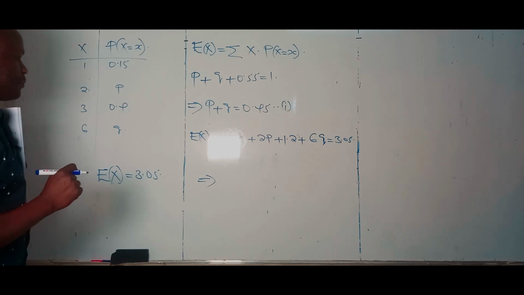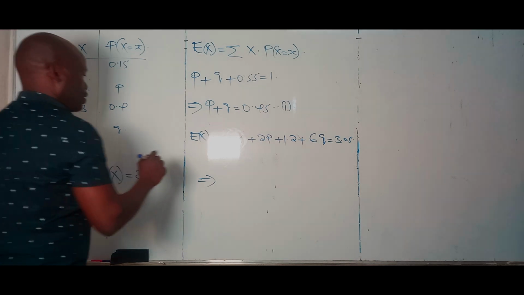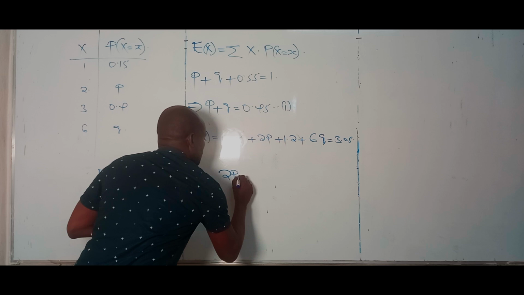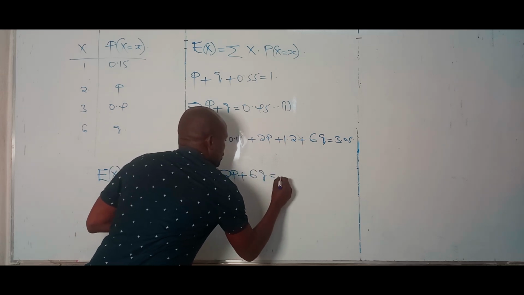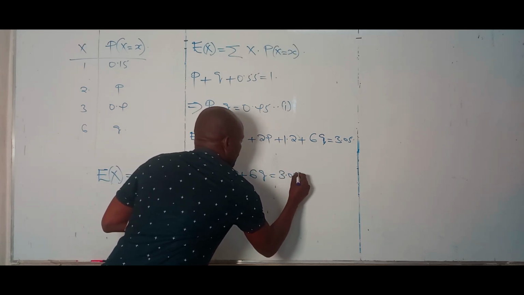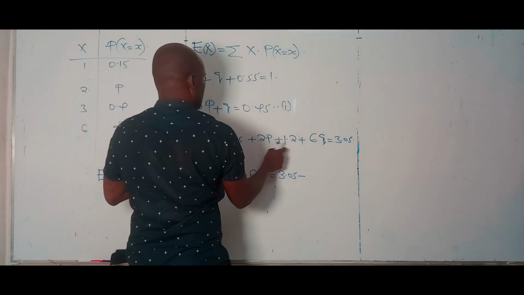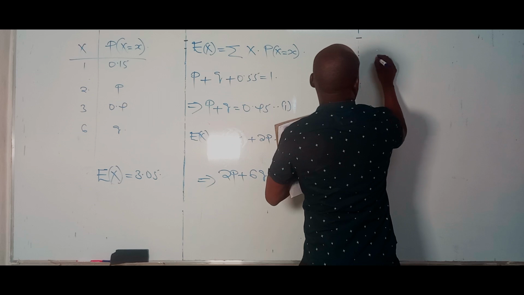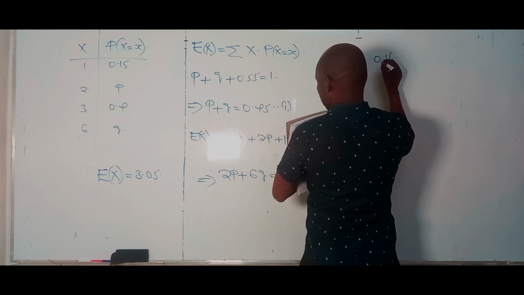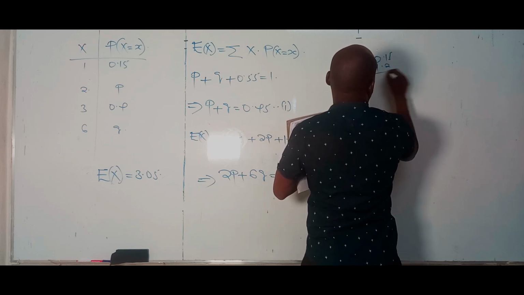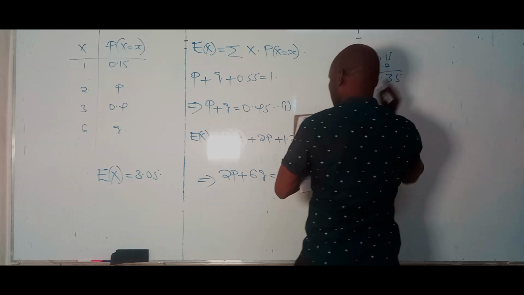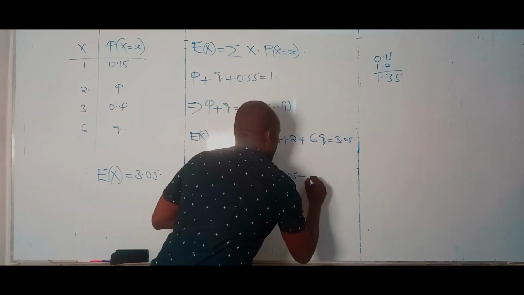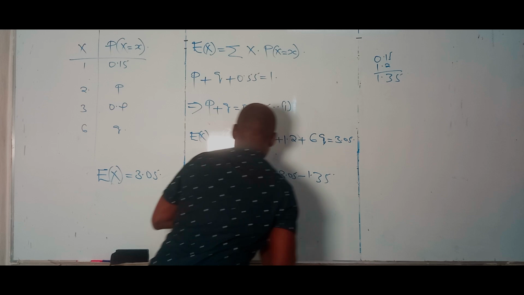So it becomes 2p plus 6q should be 3.05 minus 1.35, that is 0.15 plus 1.2.